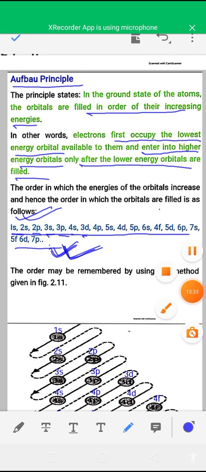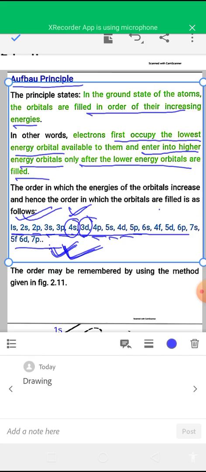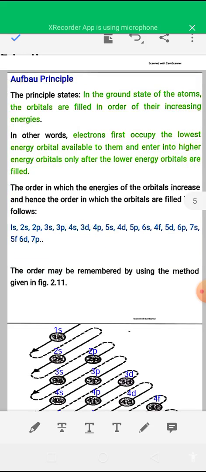Here one point you have to remember: energy of 4s orbital is less than energy of 3d orbital. Then 4p, 5s, 4d, 5p. So you have to remember this energy order of different orbitals.